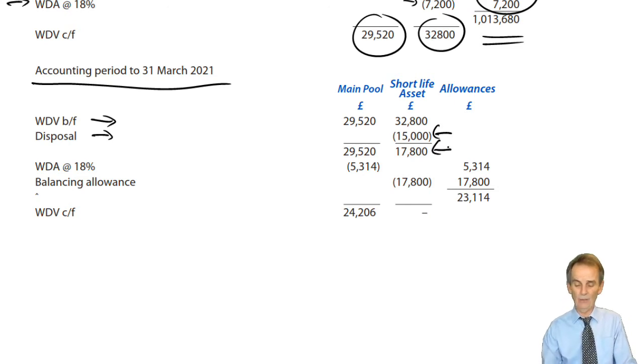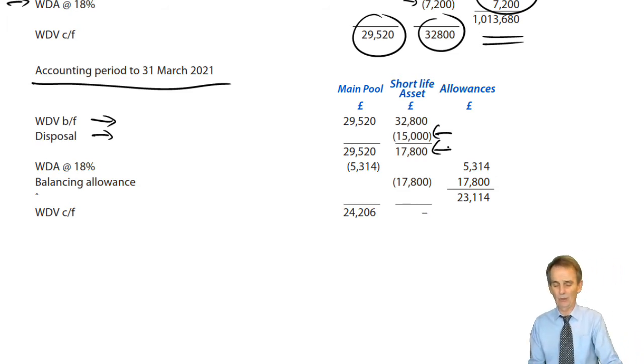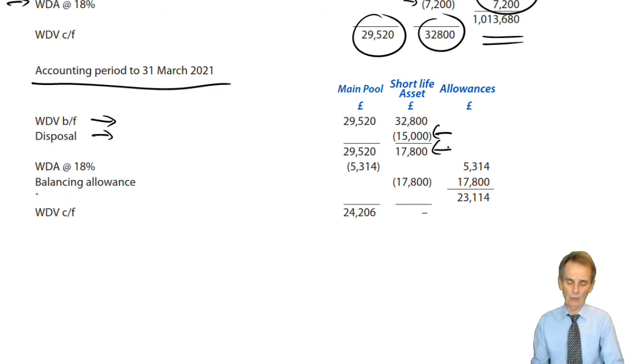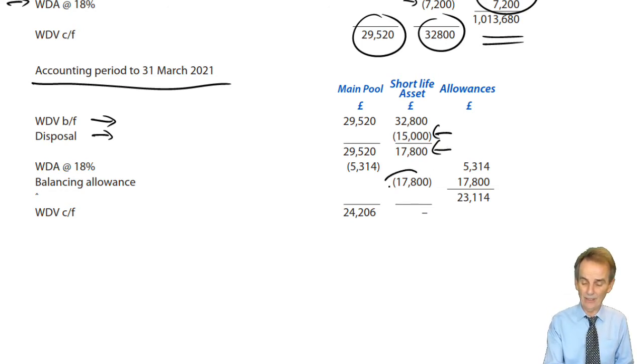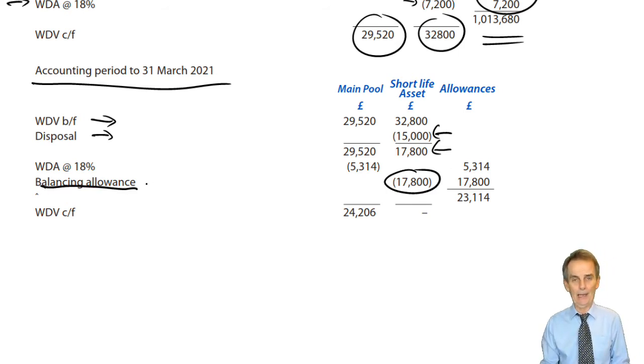Leaving a residue of unrelieved expenditure in relation to what did it originally cost and what have we then sold it for, a residue of unrelieved expenditure of £17,800 there. Therefore, we are now able to claim all of that £17,800 in the form of a balancing allowance.